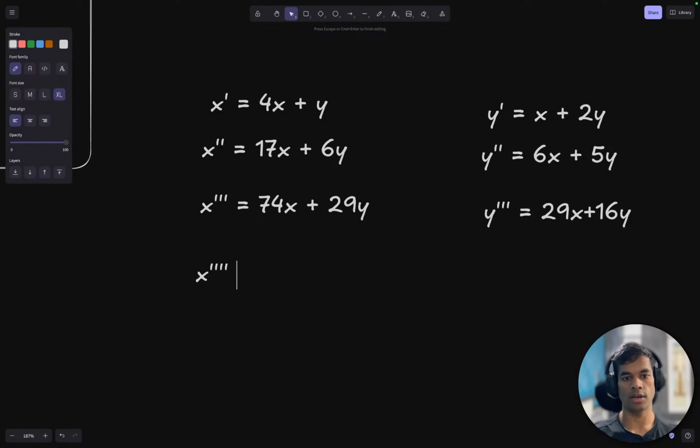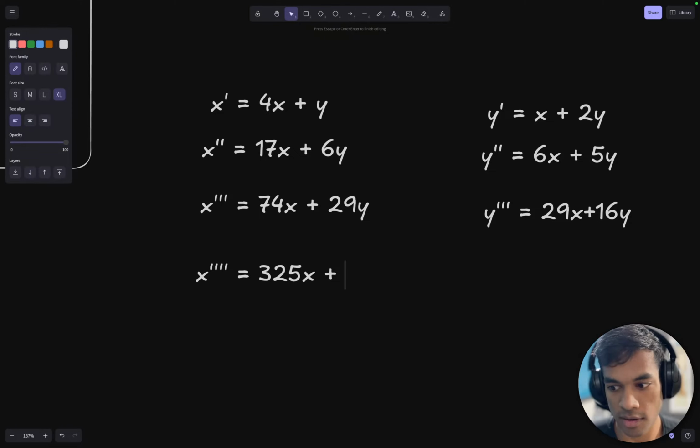x quadruple dash equals 74 into 4, 296, 296 plus 29 plus 25, 325x plus 29 into 6, 174, 174 plus 16, which is 190y.